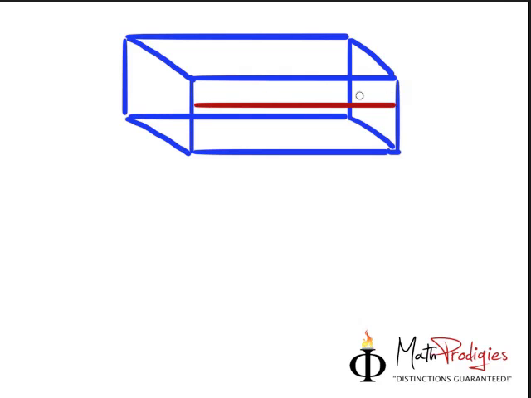So I'm just going to draw an imaginary 9 cm mark, which is here. Imagine this is water. I don't know why the water is red, but never mind. So this is 9 cm.